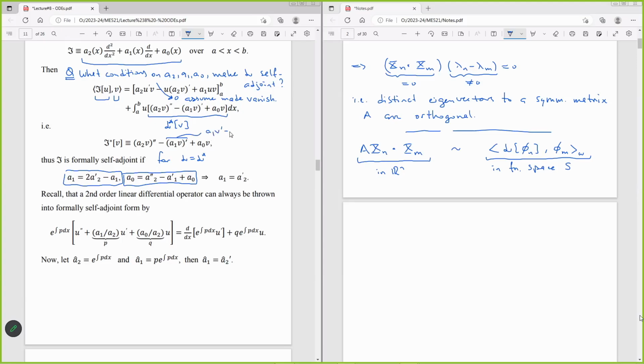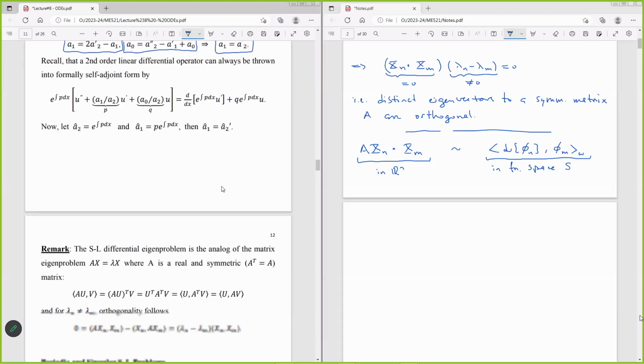A1 V prime, A1 prime V. Similarly, open this up, expand. This is second derivative, so I don't want to spend time on that. You do it. And compare these two, L and L star. It turns out that the coefficients must be related this way. It just boils down to this. It actually means it is SL form.